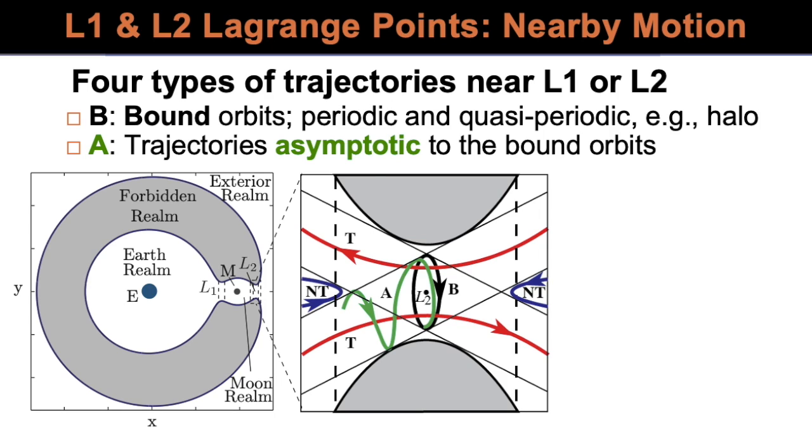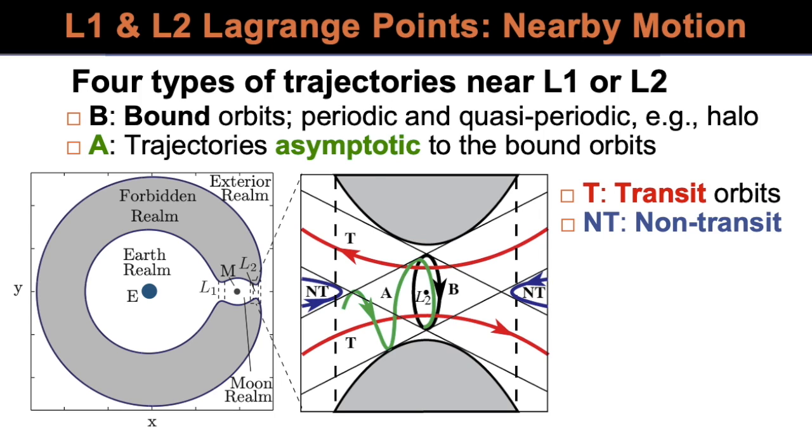These are asymptotically approaching or departing those bound orbits. And then there are the transit orbits. They go from one side of one of these neck regions to the other. There's also non-transit. These approach a neck region and then just bounce back. One can work this out in detail. I'm not going to show it here.